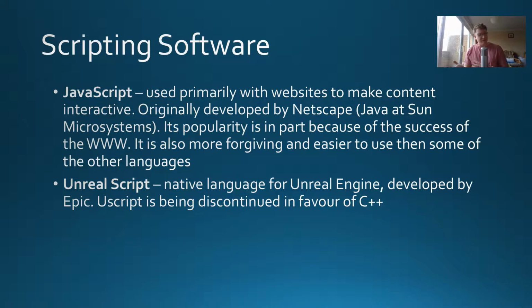They're simply going straight to C++, and their reasoning for that was that Unreal Script is based a lot around C++, so therefore it just makes sense to use C++ rather than making something else and then making it a lot more complex.